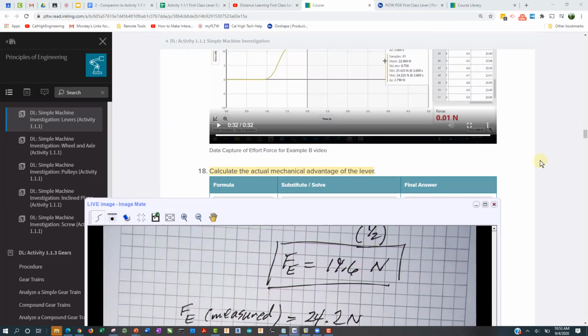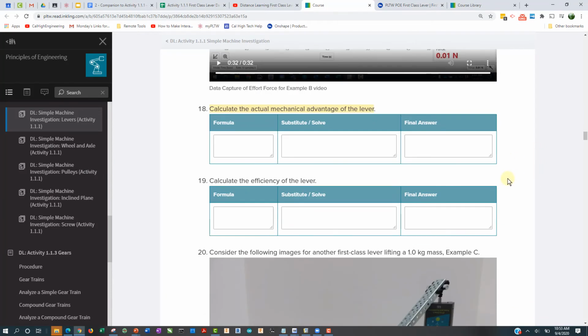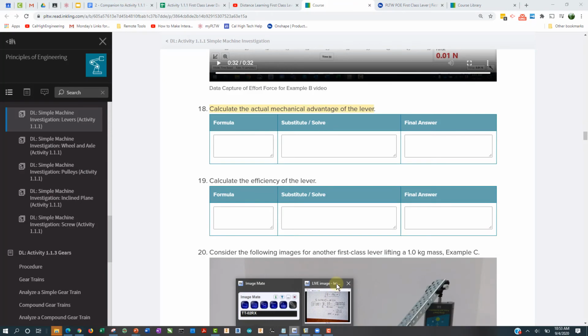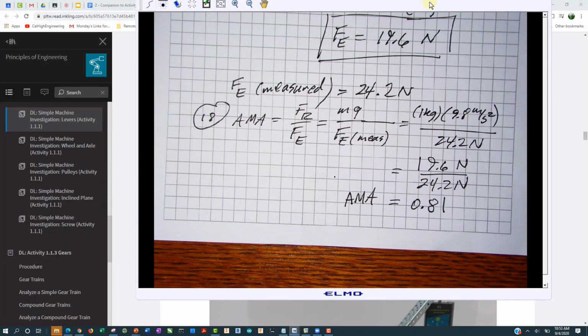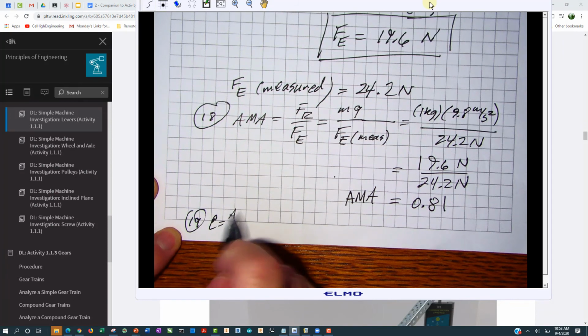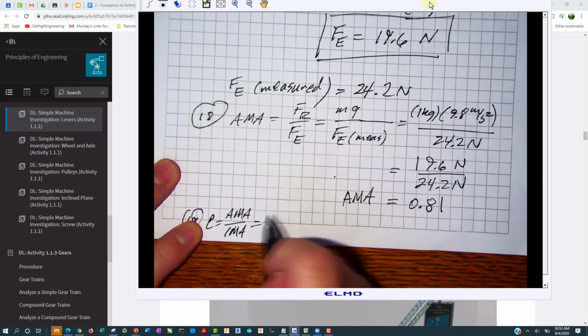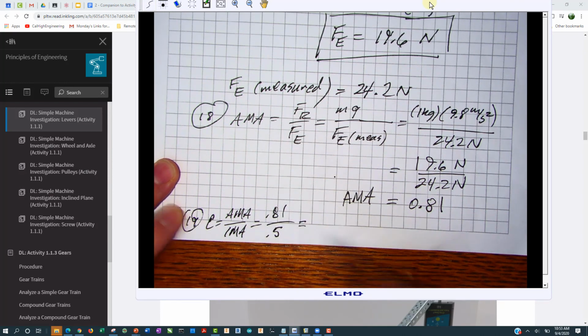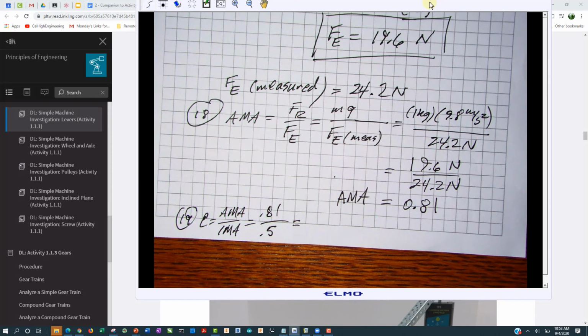All right, so as we come down further, what's the efficiency of that lever? So the efficiency here, I think that was 19, is AMA over IMA, and the AMA is 0.81, the IMA is 0.5, and so we get an efficiency of more than 100%, so that's awkward.